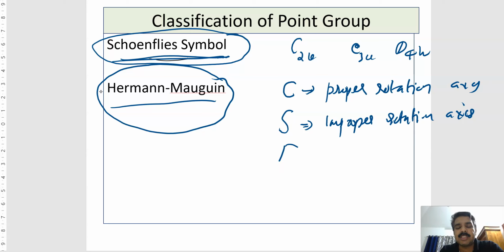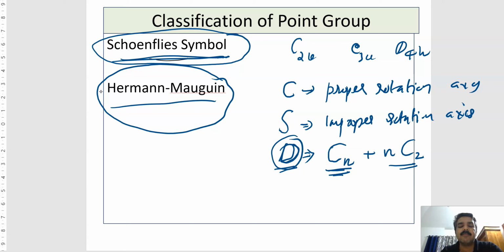And if there is a D in the point group, that symbol is used in the case of the highest order rotation axis Cn plus n perpendicular C2 axes. That is, the symbol D is used only when there is a Cn axis in the molecule, and in addition to the Cn, there are n C2 axes perpendicular to Cn. Then we use the symbol D.